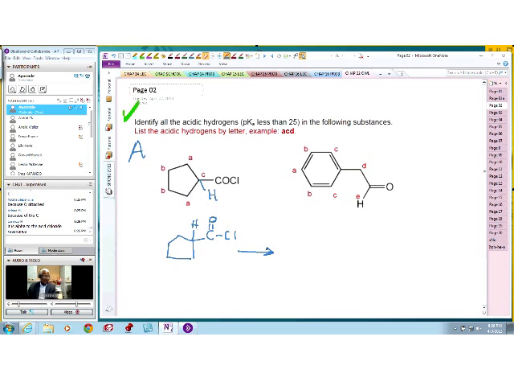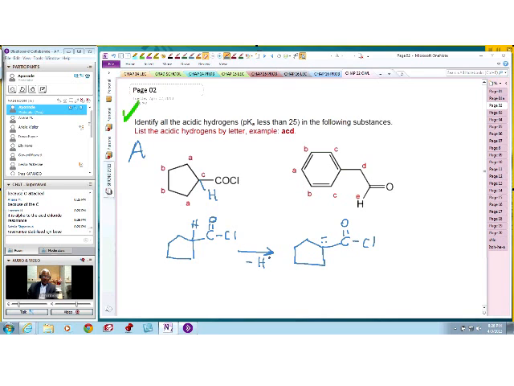Keep in mind, whenever you say a hydrogen is acidic in an organic molecule, what you are actually saying is the conjugate base is stable. You are referring to the stability of the conjugate base. In this case, the conjugate base will be this here.